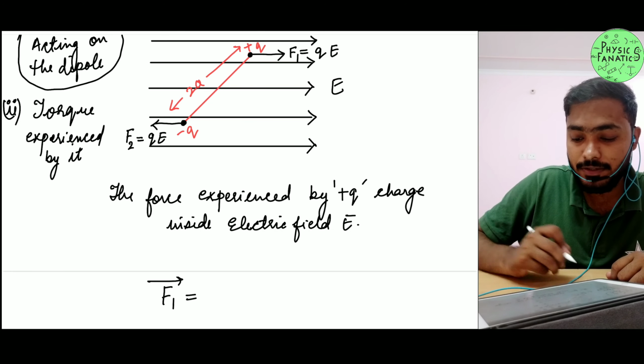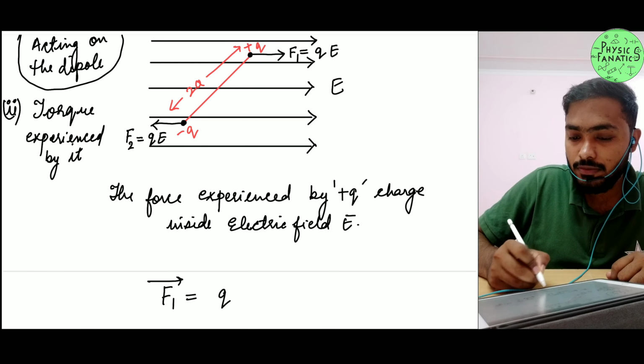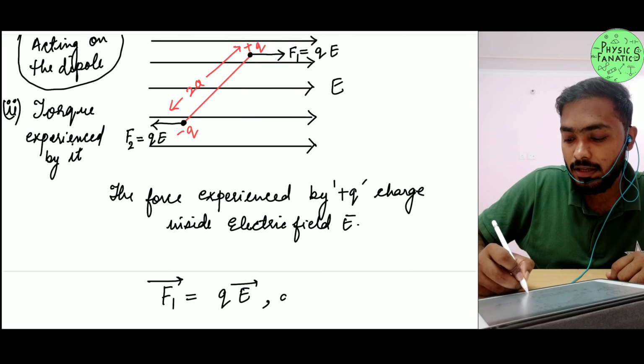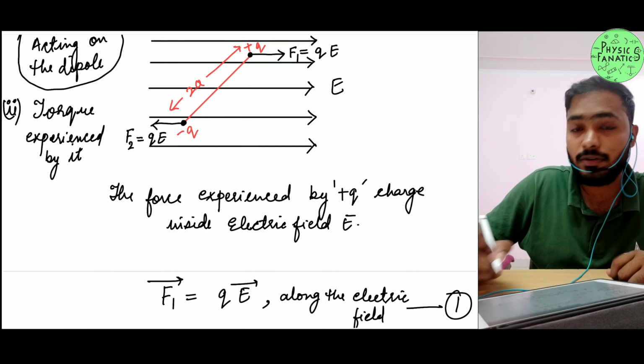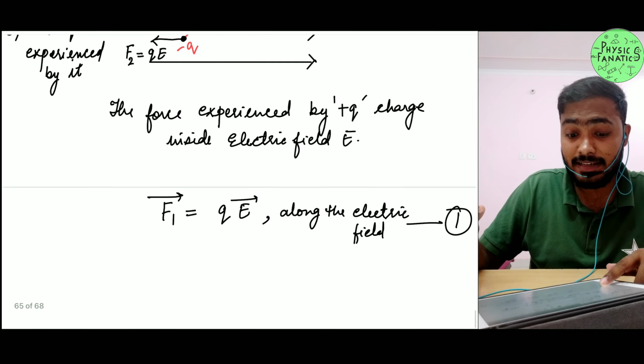F1 vector is equal to q times the electric field, and the direction will be along the electric field. This is my equation number 1. I hope that is understandable.